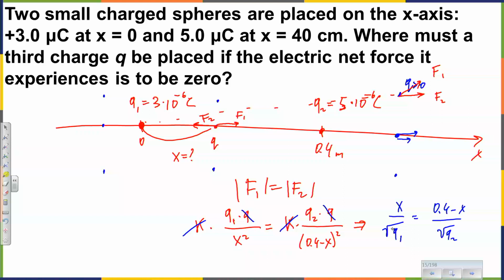So net force actually would have been stronger than any individual force because we have to add them up in the same direction. So how can it be repelled by both? They're both positive.